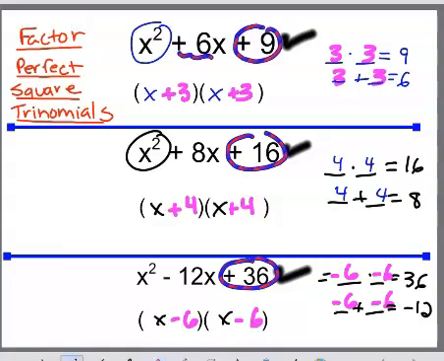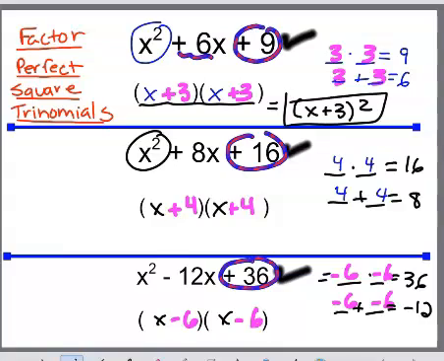Now, another way I can write all of these is because both of the binomials are the same. I could rewrite this as x plus 3 squared and x plus 4 squared. That's what we're going to do here: rewrite it as a binomial squared.